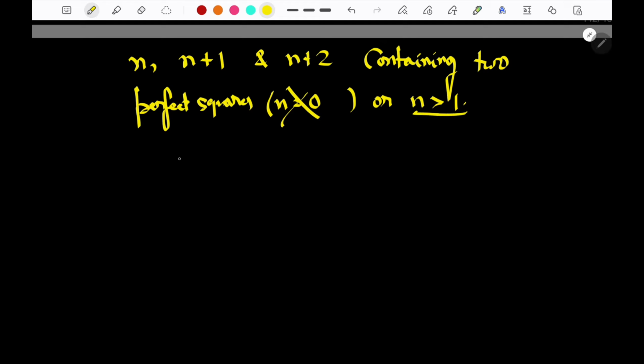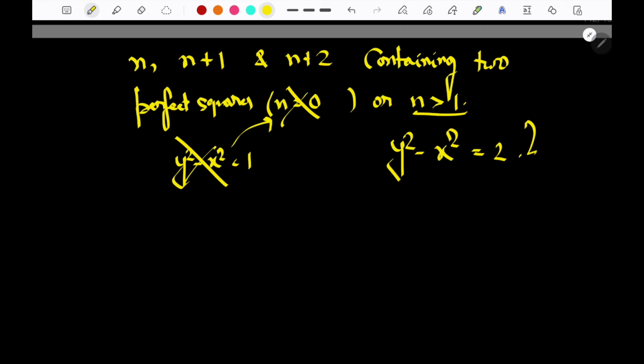Why? Because we are saying either y square minus x square is equal to 1, where the 0 case is not acceptable, or y square minus x square is equal to 2, which has no integer solutions. Done.